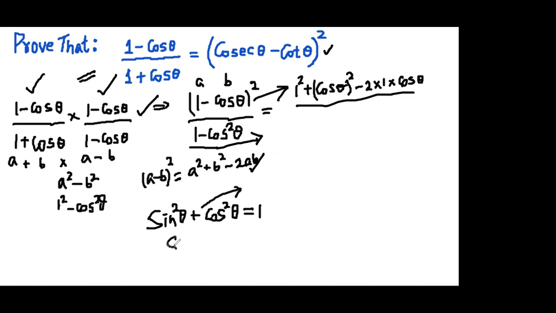So in the left hand side, sin square theta will remain, and cos square theta is positive; if you take it to the right hand side, it will become minus. So you can write sin square theta equals 1 minus cos square theta. Now in the denominator, 1 minus cos square theta is equal to sin square theta.